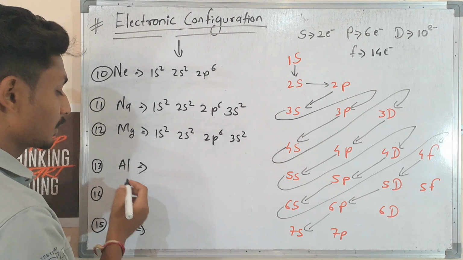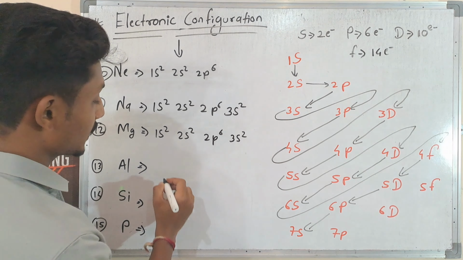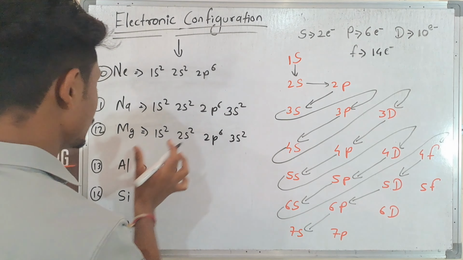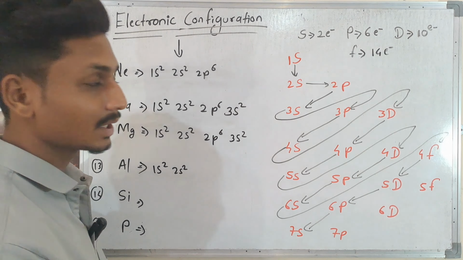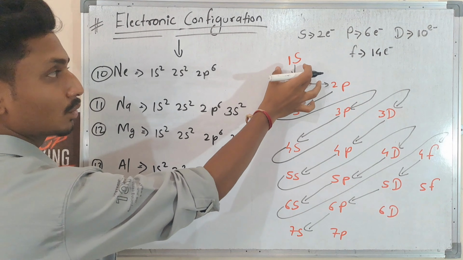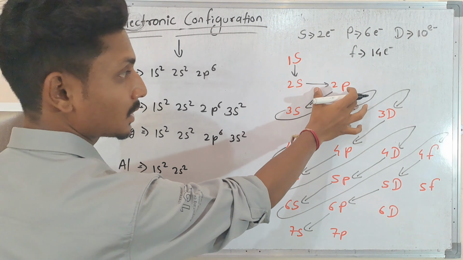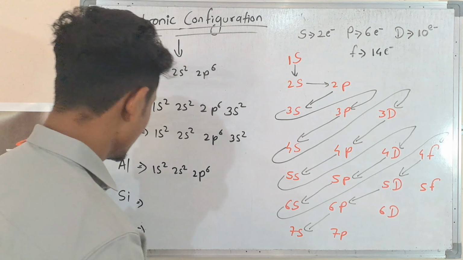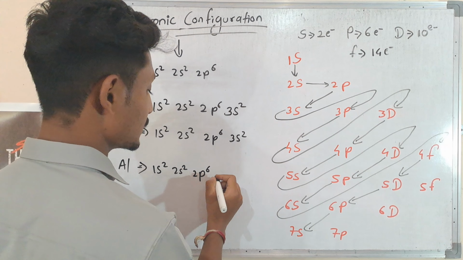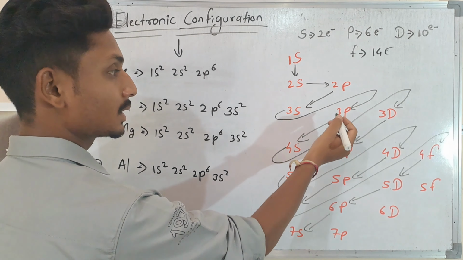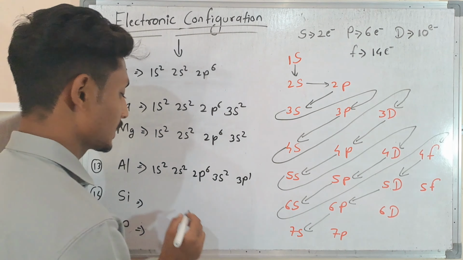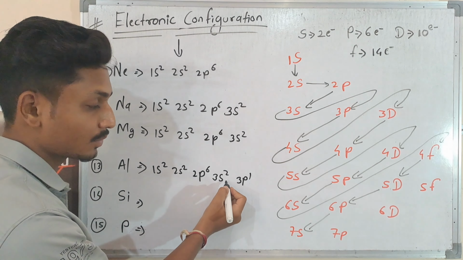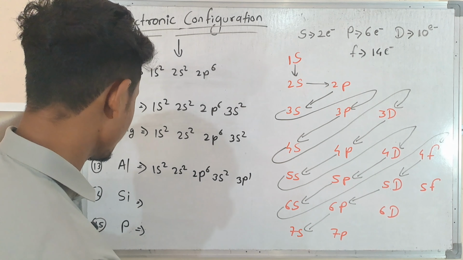The atomic number for aluminum is 13, so we have to fill 13 electrons. 1s2, 2s2, 2p6 fills a total of 10 electrons. The remaining electrons are 3: 3s2, then 3p1. So 2 plus 2 is 4, 4 plus 6 is 10, 10 plus 2 is 12, and 12 plus 1 is 13.